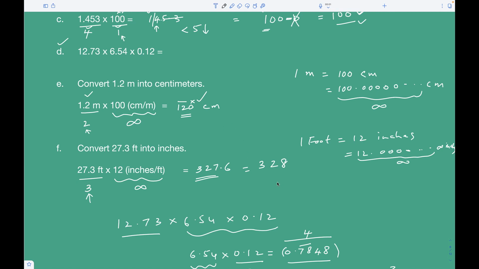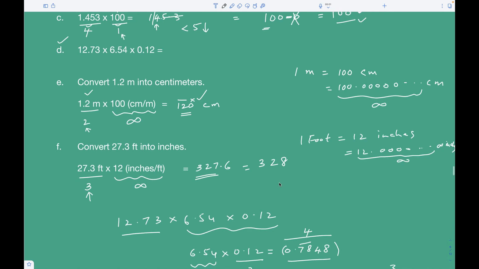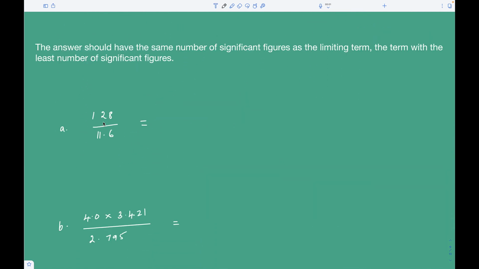That is about multiplication. Then what about division? In this, we are asked to divide these two measurements. When you divide 128 with 11.6, you would get 11.0344828. The term in the numerator has 3 significant figures, and the one in the denominator also has 3 significant figures.